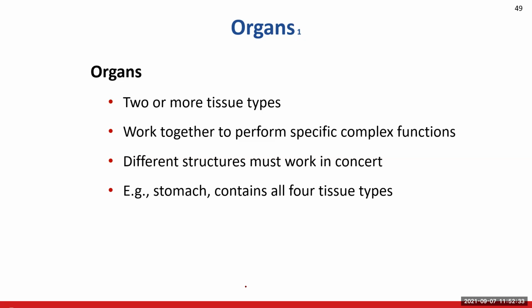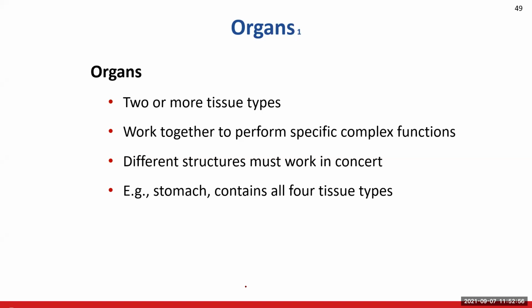It's important that you know, now what we're going to do is take two or more tissue types. So you could have one tissue type that is secretory in nature and another tissue type which is absorptive in nature.